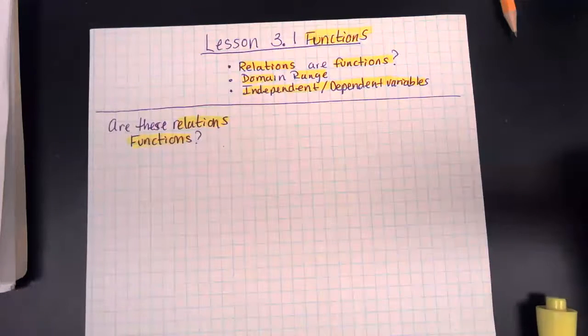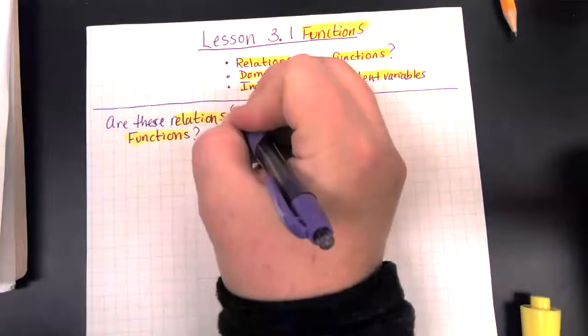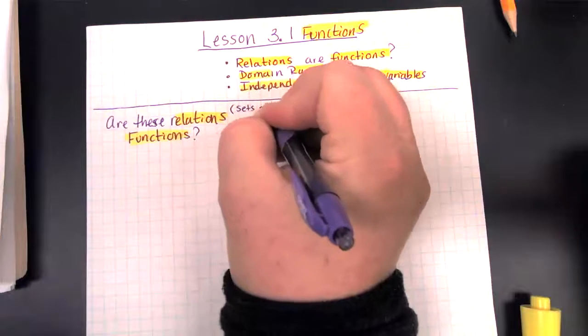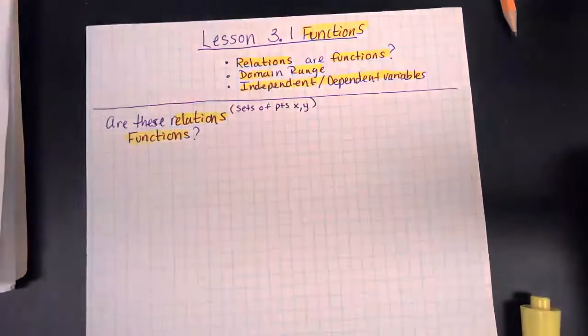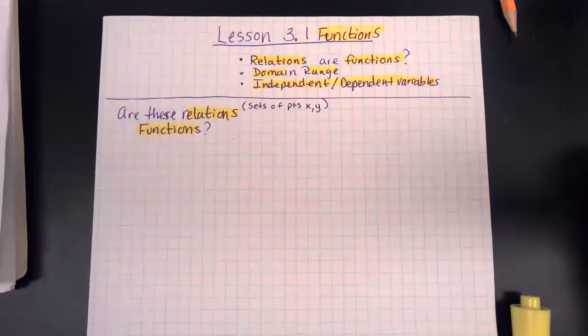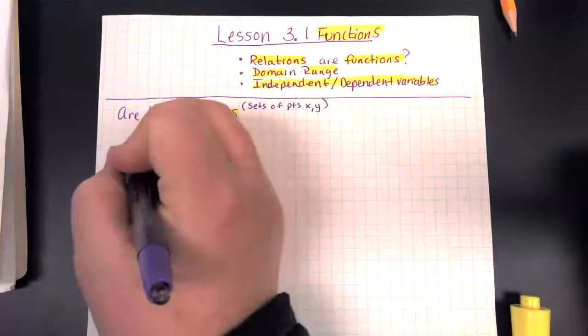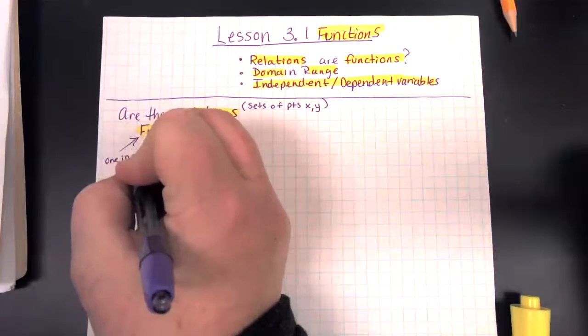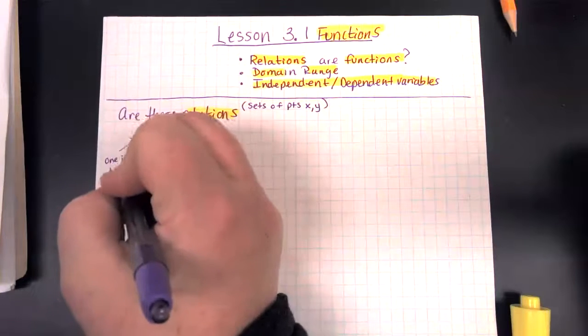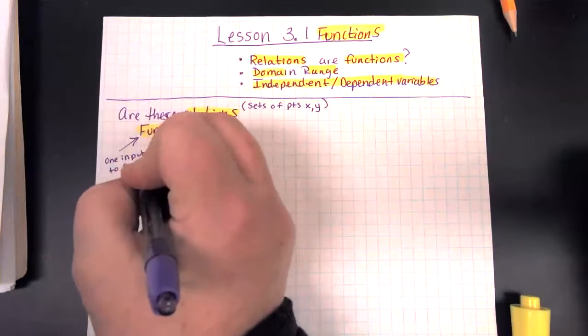And relations, remember, are sets of points, x, y. They don't have to form a line. They don't have to have a pattern. They can just be a group of numbers. And a function has one input to one output.